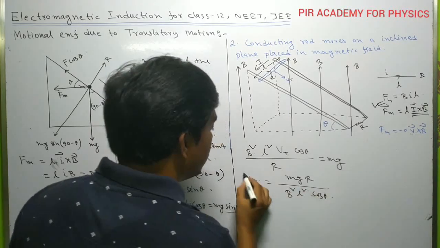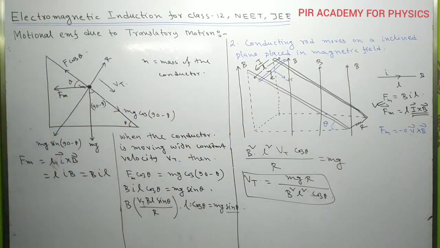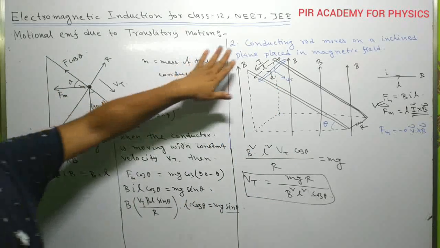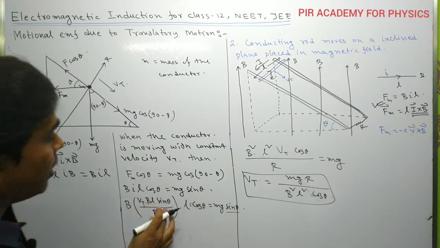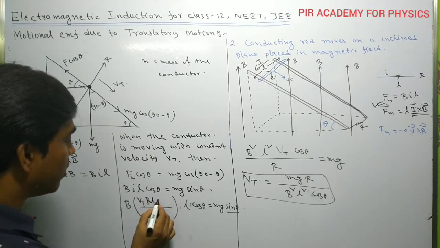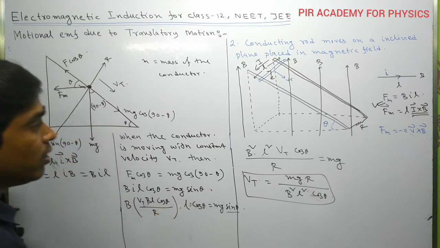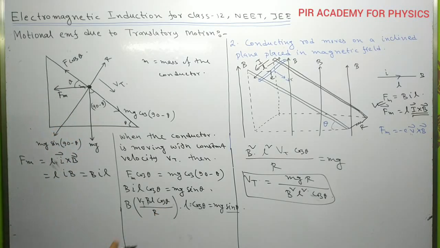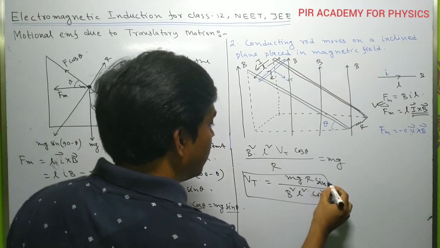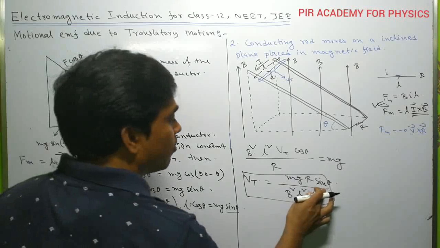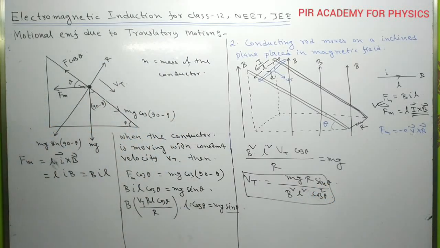This is the velocity of this conductor falling on this inclined plane. Here it is cos theta, and not sin theta, it is cos theta. So this will be cos square theta.